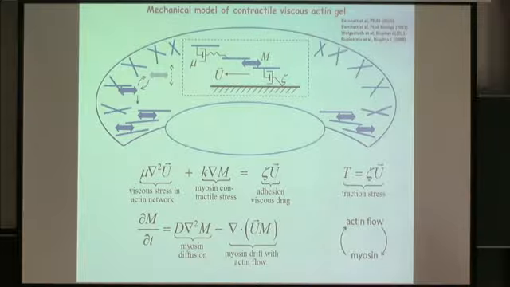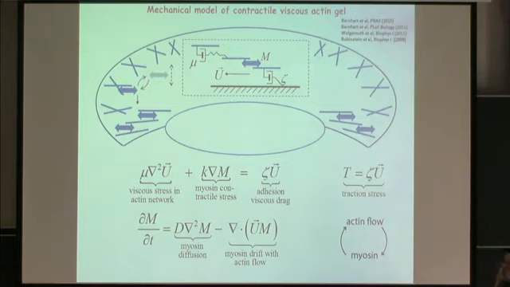Another thing is, what you can easily glimpse from this system is that there's very important positive feedback here between myosin and actin flow, right? Qualitatively, it's working in a very simple way. Imagine that you have an aggregate of myosin at the center of the cell.